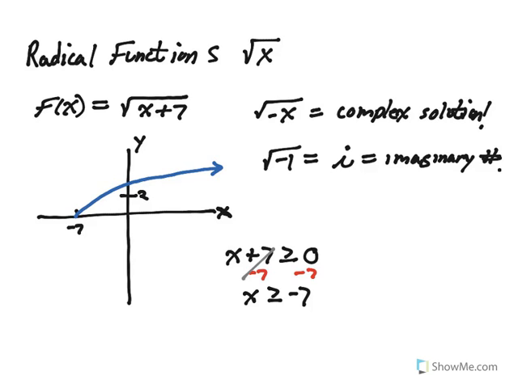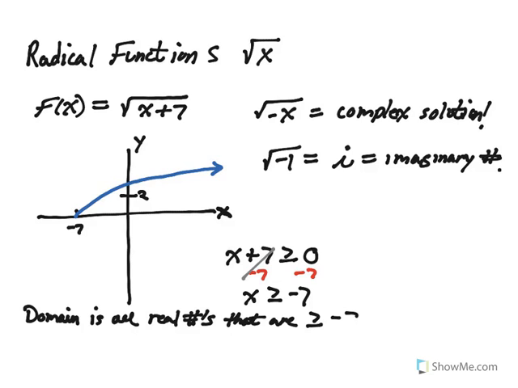Okay, so again, you can write it in 3 ways. Okay, so you can say the domain is all real numbers that are greater than and equal to -7, okay?